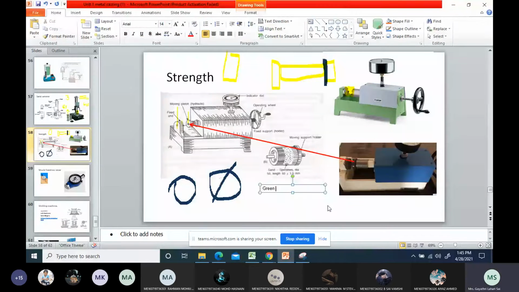Are you all there? Yes. Please, all of you note this. When I check your notes, I will be seeing all these values.